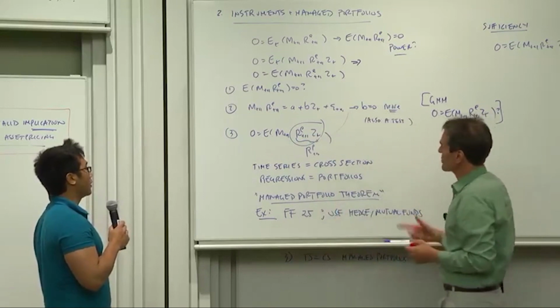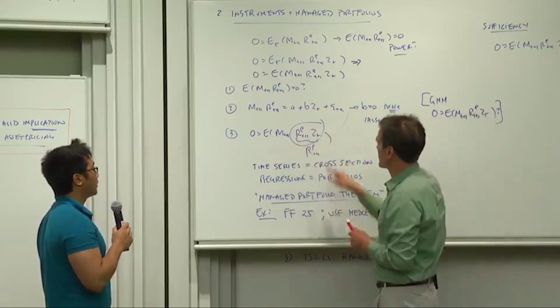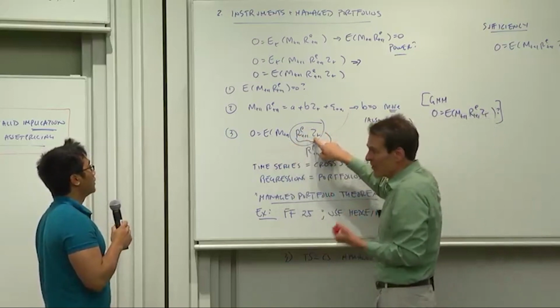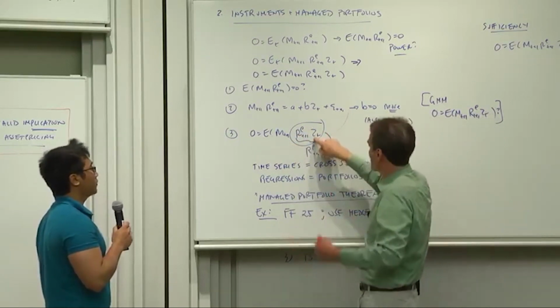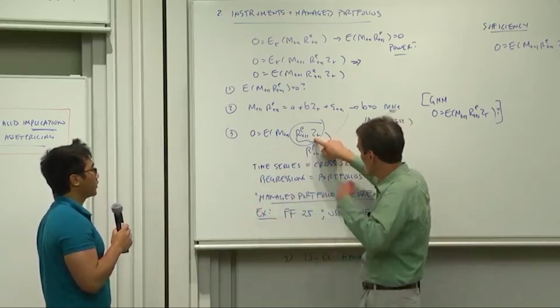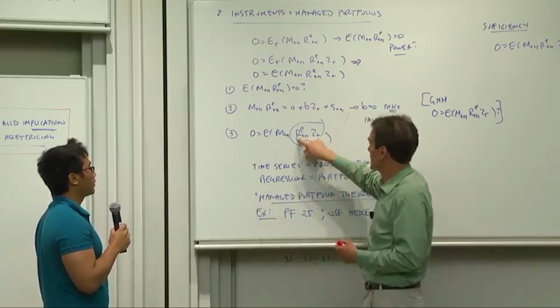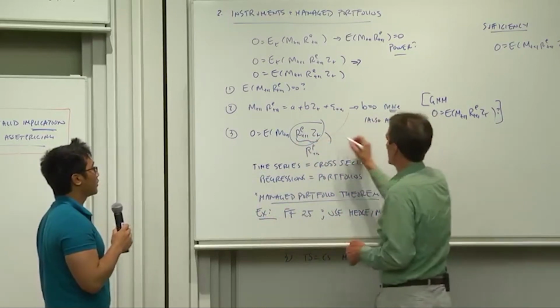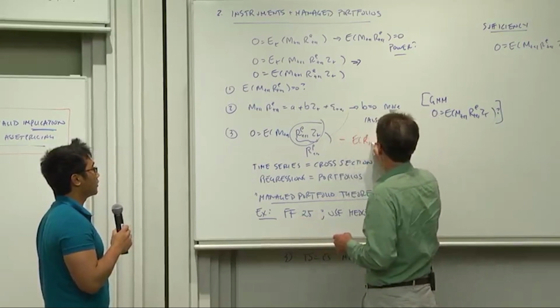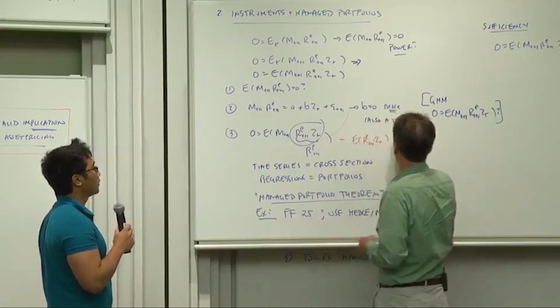Right. Now let's think about the cross-sectional thing. From this inspiration, what you might do is, R^e times Z is a portfolio return. When Z is a big number, if Z is 2, I put $2 in. If Z is 3, I put $3 in, right? So it's an amount of money invested in that portfolio. E of m R^e, we could demystify it by writing it as E of R^e_{t+1} times Z_t, that's the portfolio return.